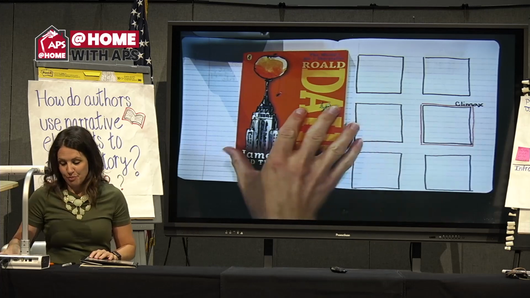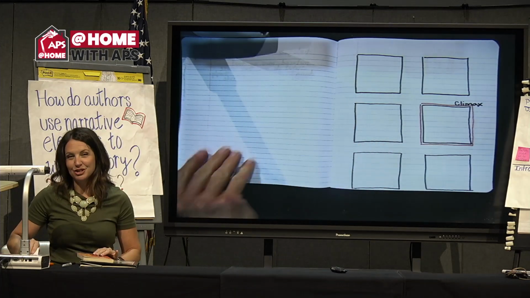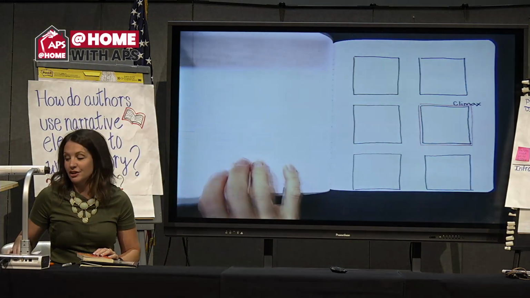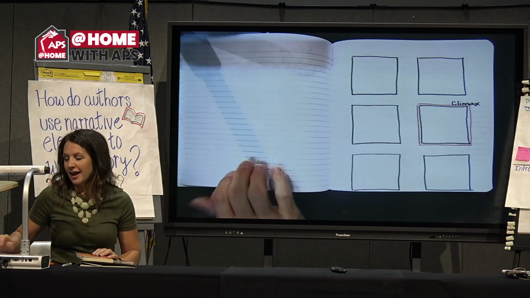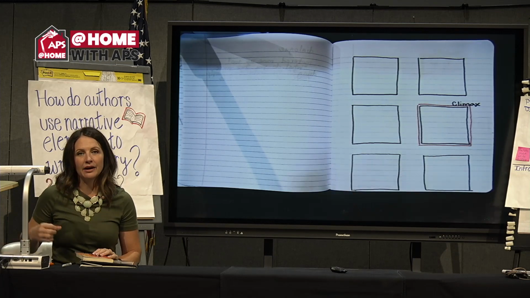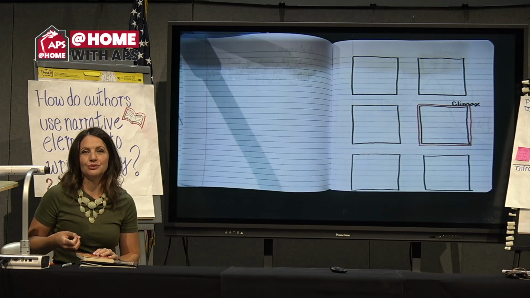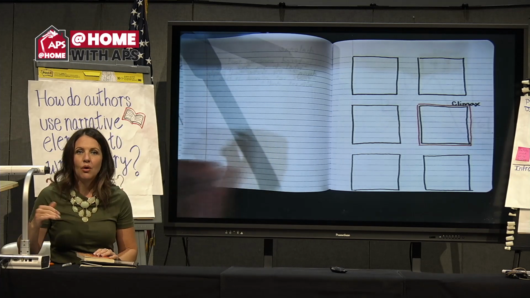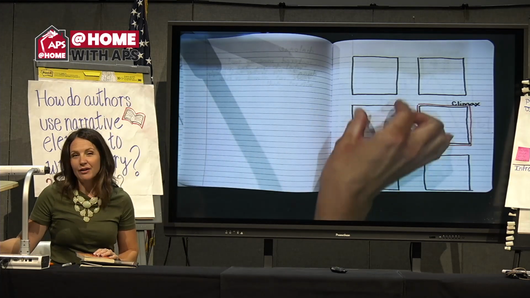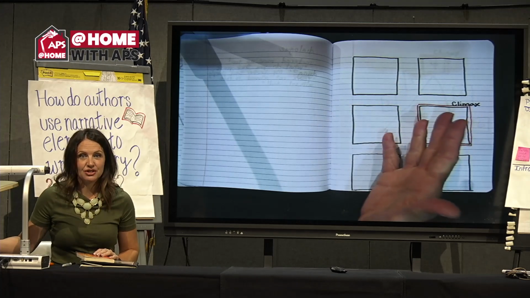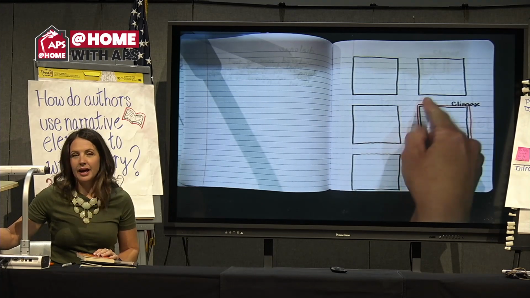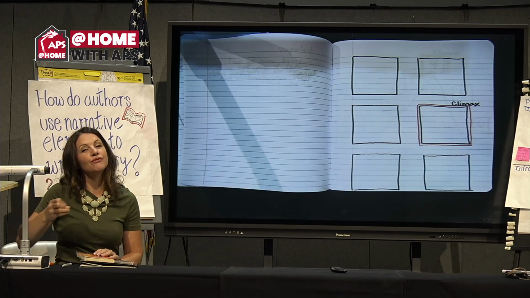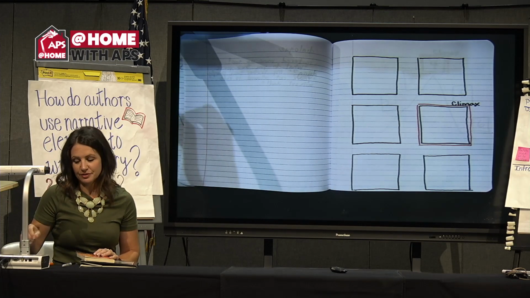In my writer's notebook, let me show you my cover again. In my writer's notebook, I've started a fresh page. And this is the graphic organizer that I like to use when I'm writing a narrative. A graphic organizer, graphic means pictures or drawings, and organizer is how I get my thoughts together before I turn them into words.